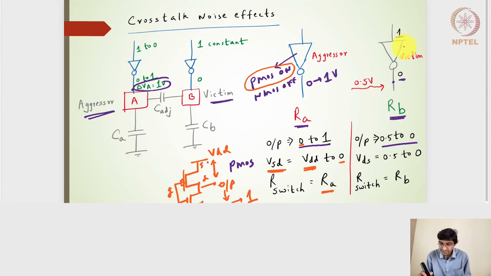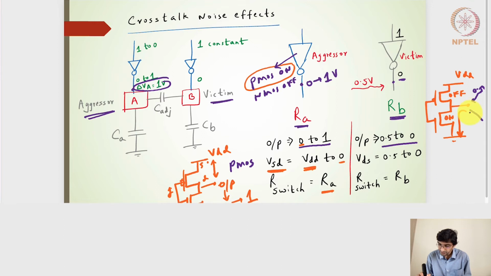Similarly, if we do the same thing on this side, it is actually the NMOS transistor. So let me draw the inverter, VDD, and here is the output. The output is connected to the ground because the NMOS is on and the PMOS is off. But it sees a 0.5 volt line at the output, coupling from the wire A side.